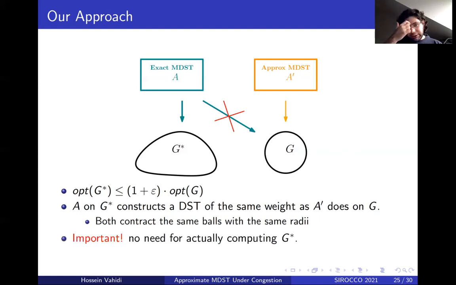So I want to note that we don't need to compute this G star at all. We just need to show that such a thing exists. So there is no implementation involved here, and the algorithm is exactly what I told you before, and there's nothing more to add to that. That's pure analysis.